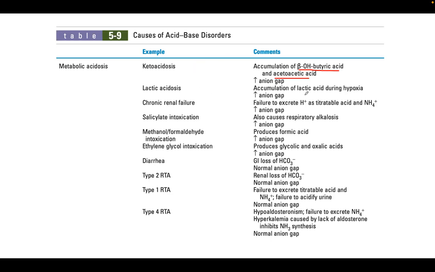Lactic acidosis can be seen during hypoxia, chronic renal failure, salicylate intoxication, methanol, so MUDPILES is here, ethylene glycol, diarrhea, and they now mention renal tubular acidosis. So please take note of this. Just take note of the RTAs 1, 2, and 4, which are associated with significant metabolic acidosis.